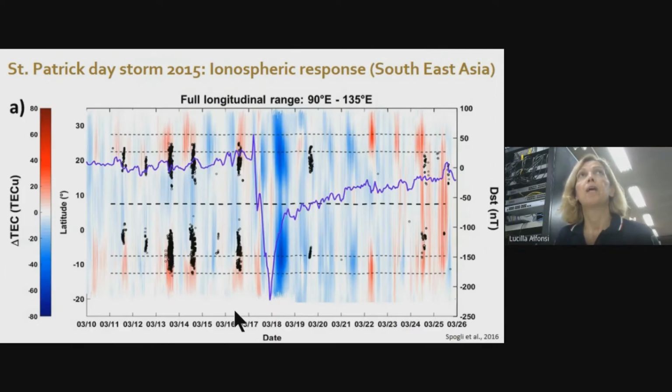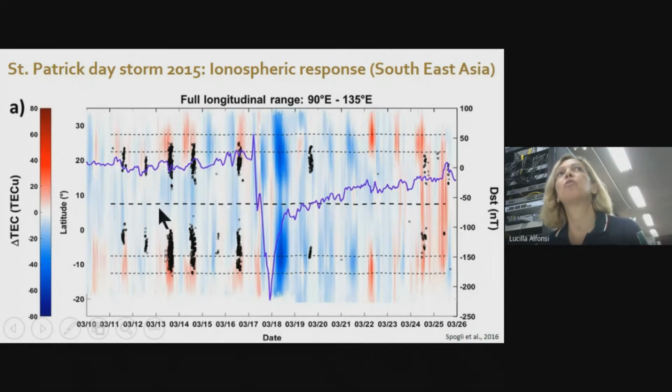Yes. From the same paper, you are now seeing quite rich plots in which different kinds of information are reported. First of all, there is the variation of TEC, again, as in the previous paper that we have seen, as blue and red deviation from what we consider quiet conditions.